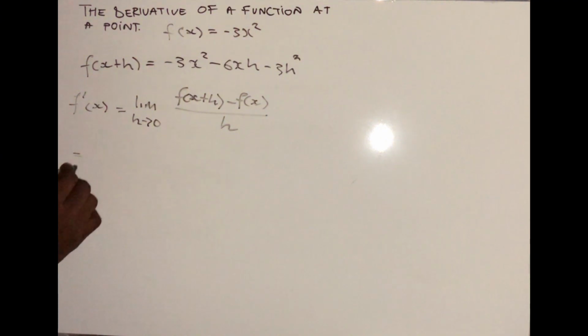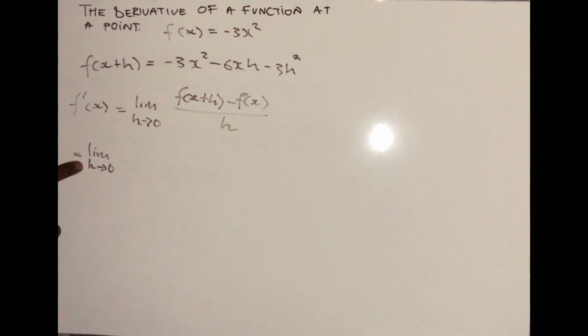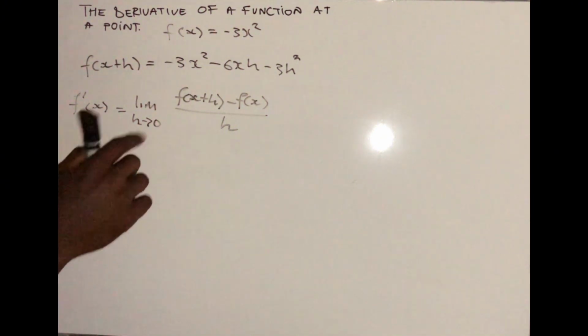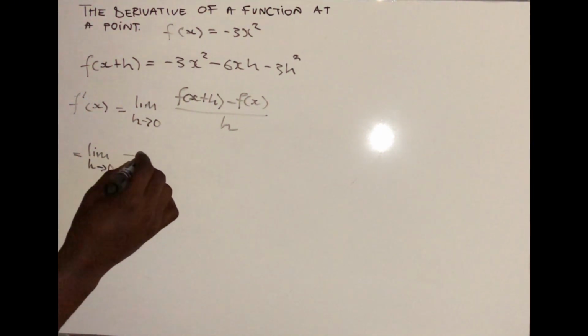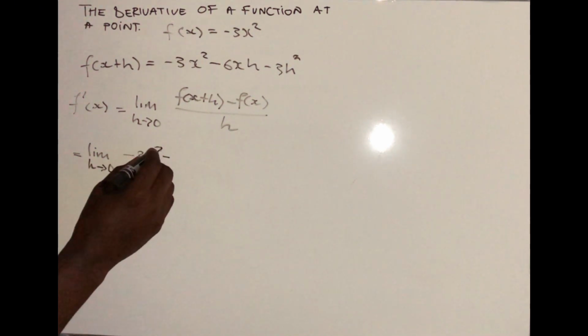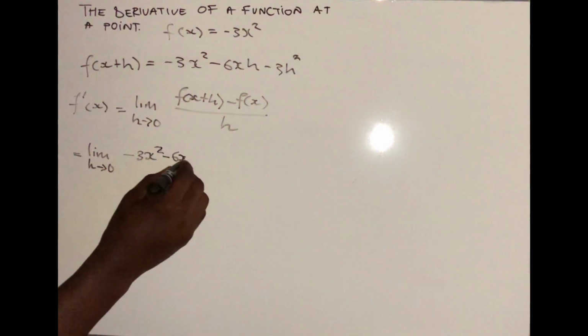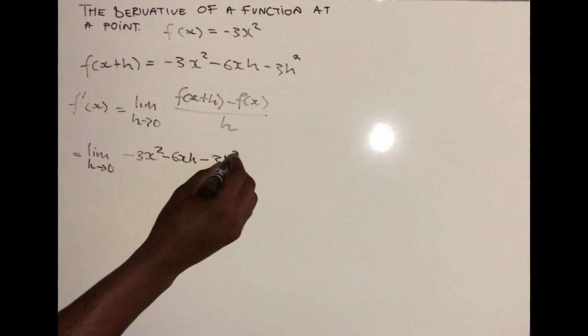So we get the limit as h approaches 0. Please don't drop the limit yet; there's a point where we are going to drop it. The limit as h approaches 0, and then instead of f of x plus h, you put negative 3x squared minus 6xh minus 3h squared.